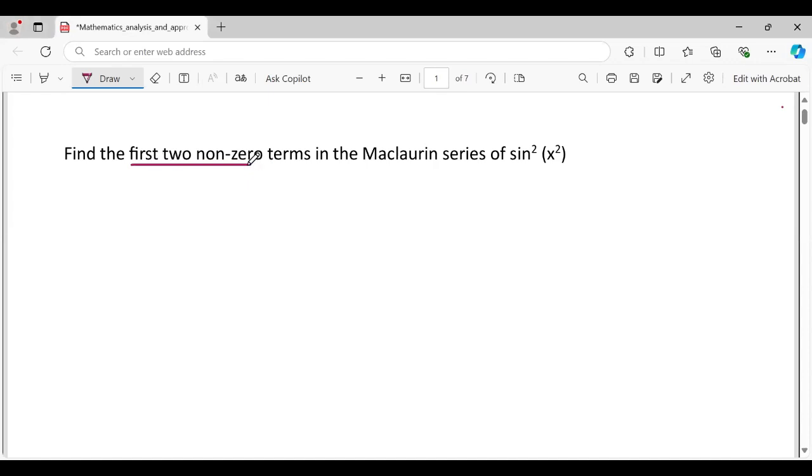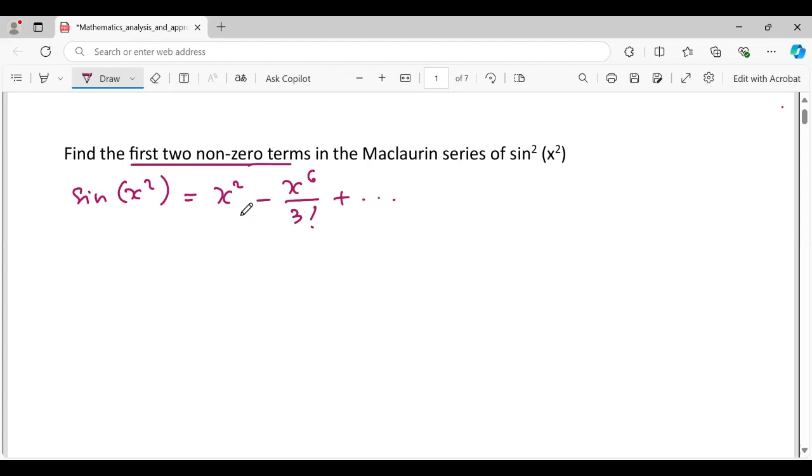I have explained the Maclaurin series of sine x squared, and it is x squared minus x to the power 6 over 3 factorial and so on.